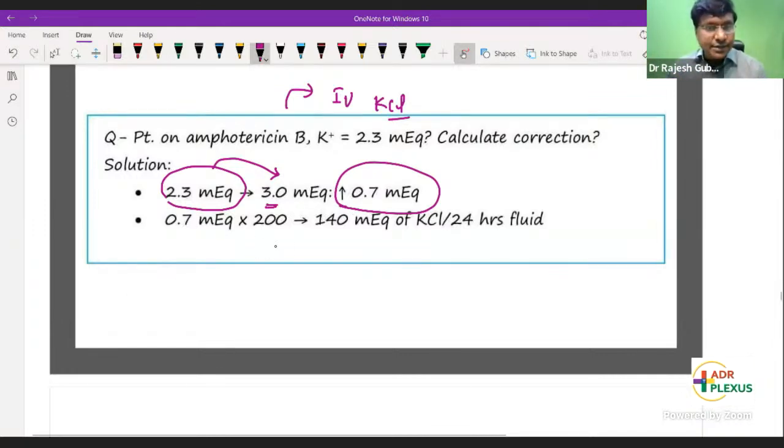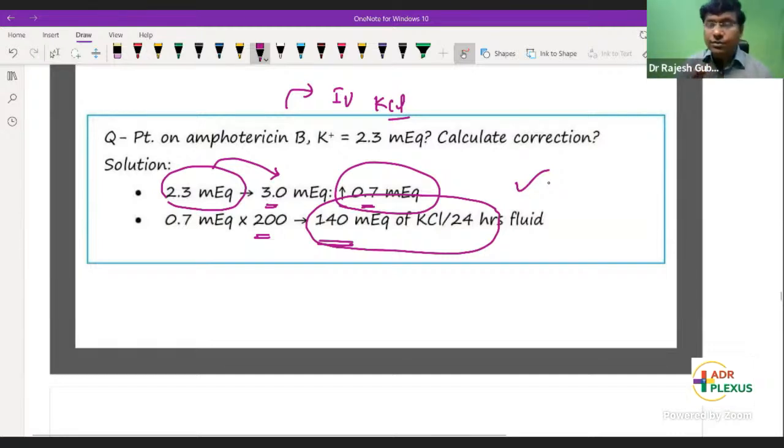For raising 1 milliequivalent you require 200 milliequivalents, so 0.7 multiplied by 200 becomes 140 milliequivalents. So you have to give 140 milliequivalents of potassium chloride in 24 hours. That is how you calculate the potassium requirement.